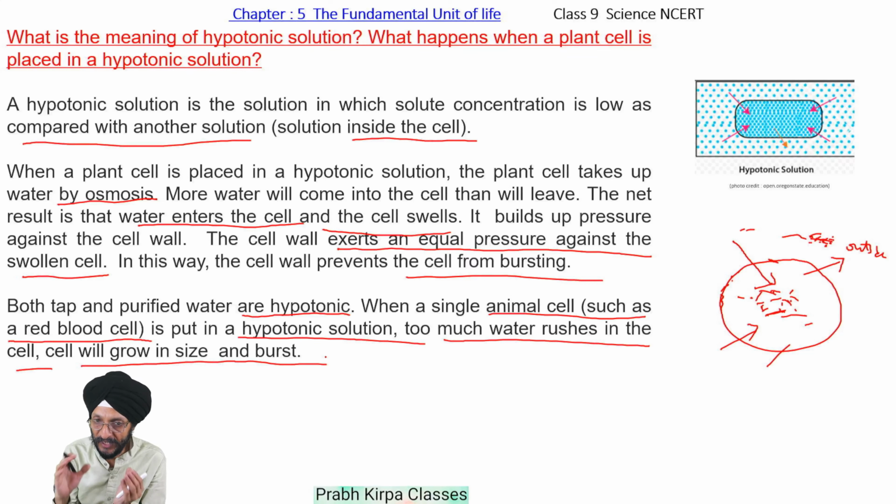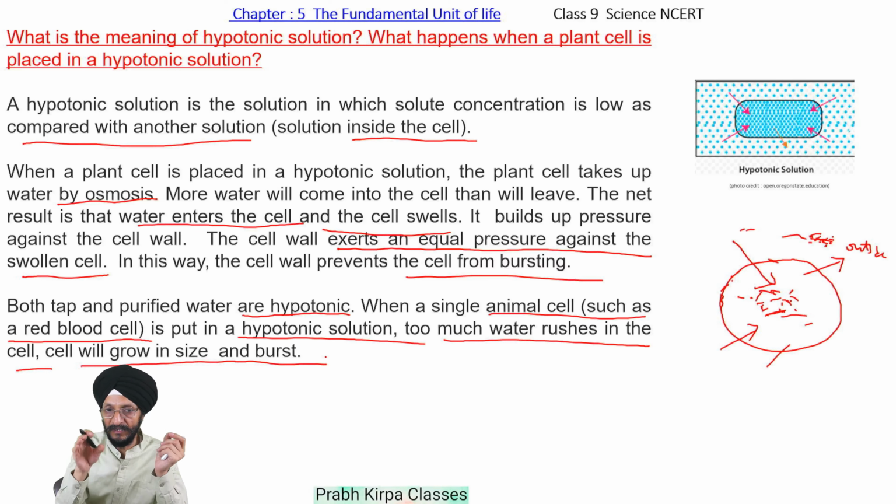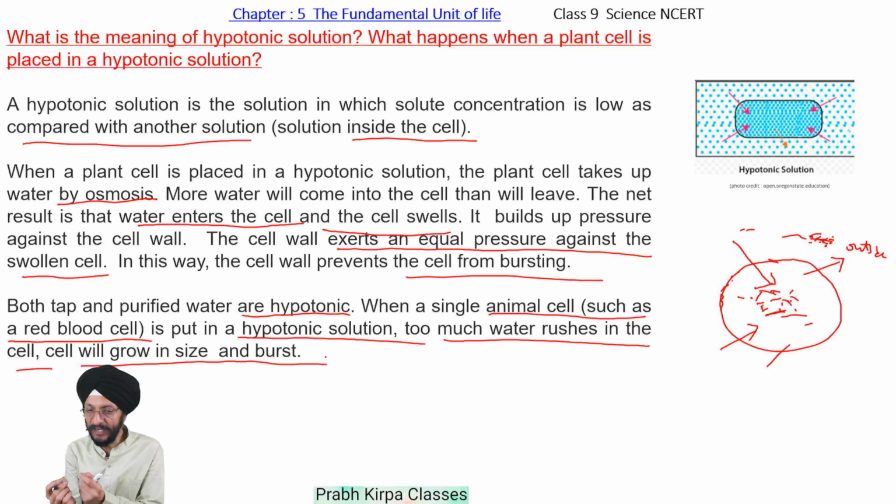But in the case of animal cell, there is only plasma membrane. There is no cell wall outside the plasma membrane. So when the animal cell is put in hypotonic solution, the water will start coming inside the cell and the cell will grow in size, and ultimately, as there is no cell wall outside the animal cell, the cell will burst.